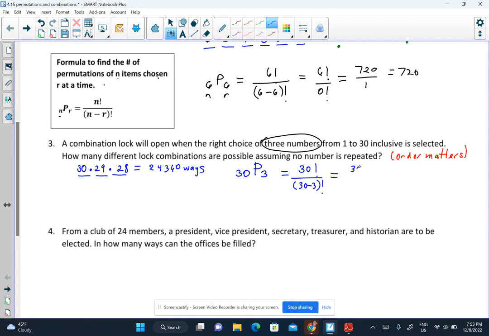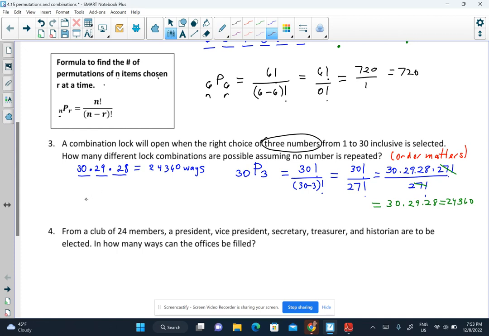So that's 30 factorial over 27 factorial. Now, I didn't have a fancy calculator, so when I grew up, we would do the following. We would go 30 times 29 times 28 times 27 factorial divided by 27 factorial. And we would be left with 30 times 29 times 28, which we already calculated to be 24,360.